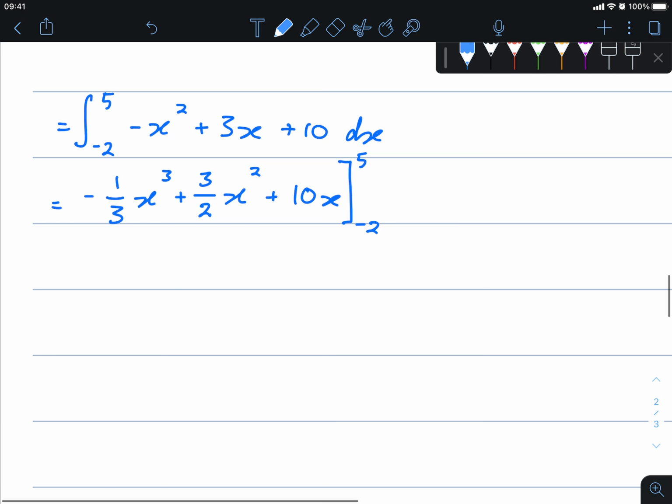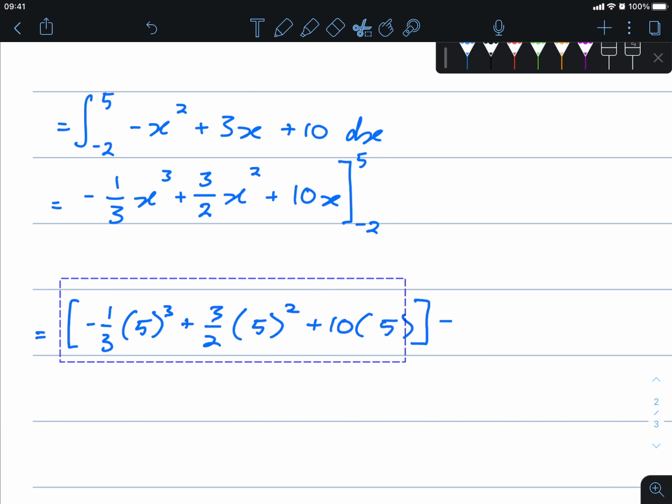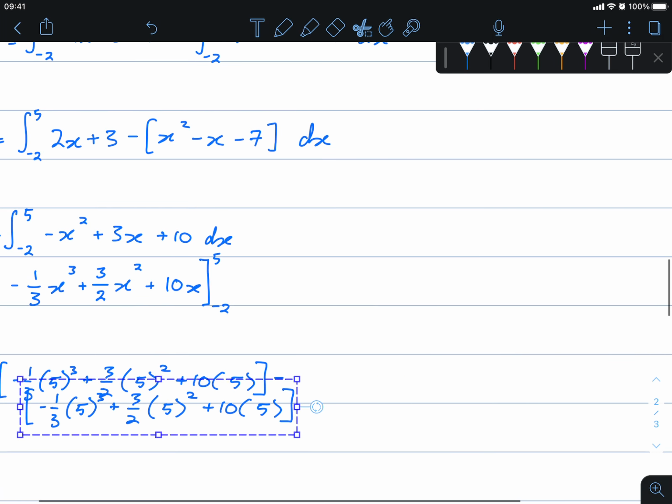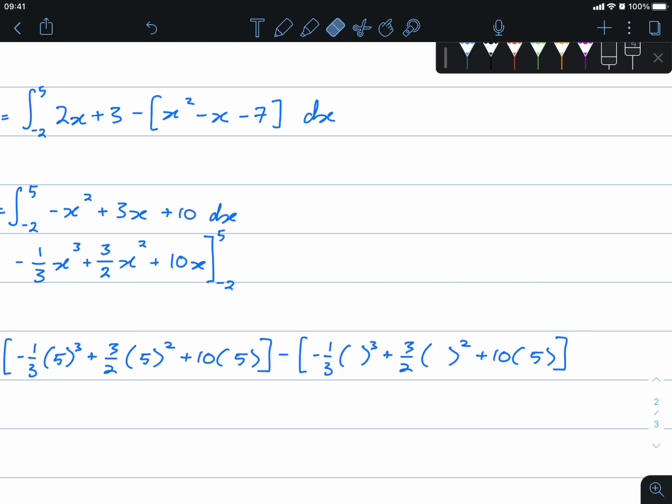Now, this is just a matter of substituting the values, 5 first, so we're going to get negative 1/3 of 5 cubed plus 3 on 2 of 5 squared plus 10 times 5, minus the exact same thing, but instead of 5 we're substituting the value of negative 2.